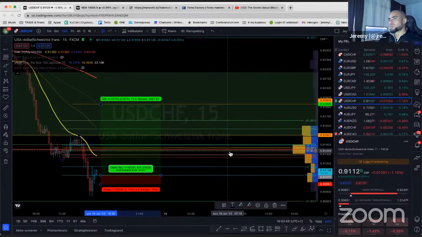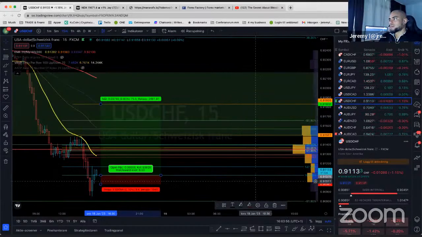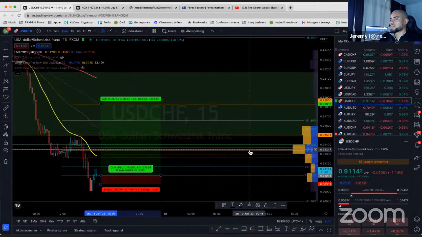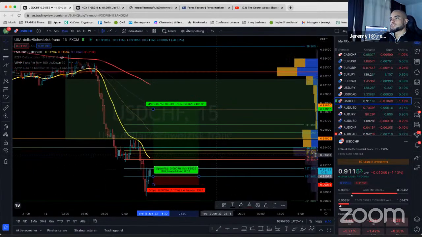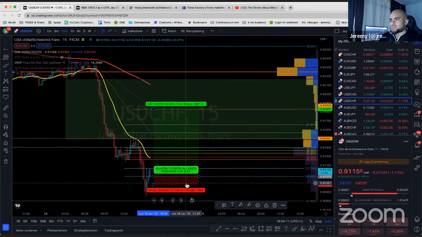Take profit 1 would easily be here at 91.35. Sorry, not 91.35. I mean 0.9135. Pardon my mathematics. And it's going up actually. This trade is moving.